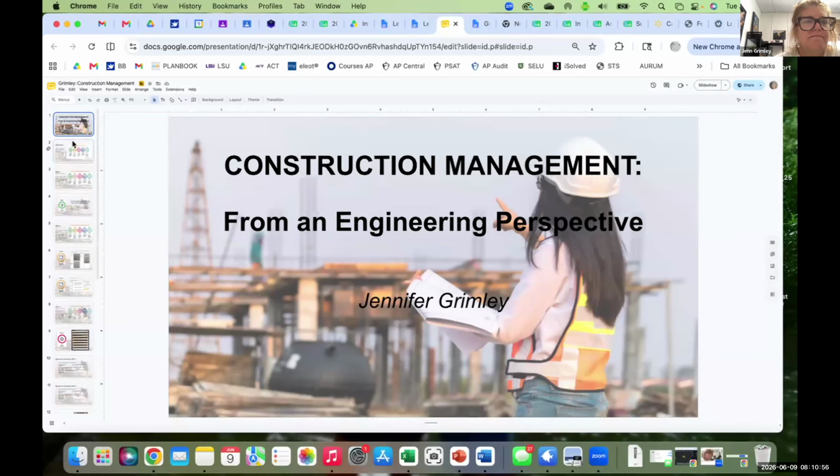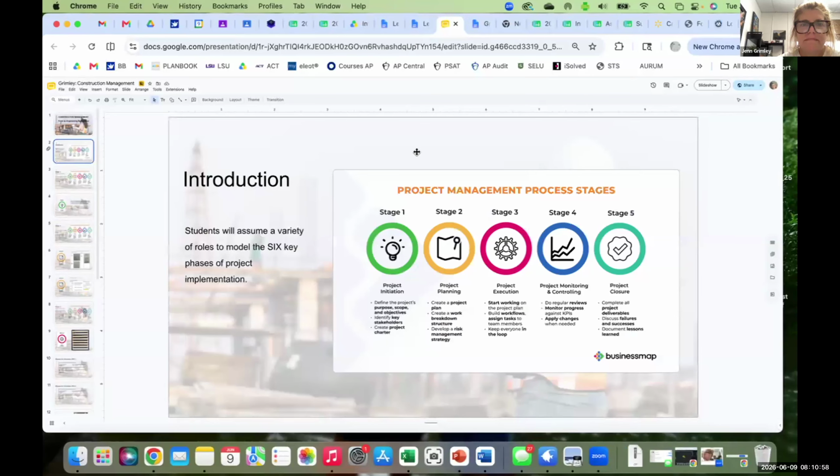Okay, so I kind of assumed the role of the student. That's the perspective I took, and I framed everything around the stages of project implementation. So everything went back to that.